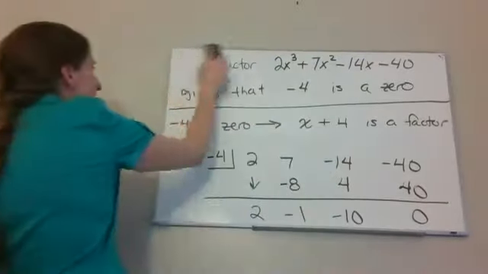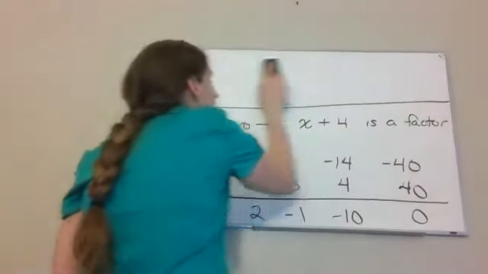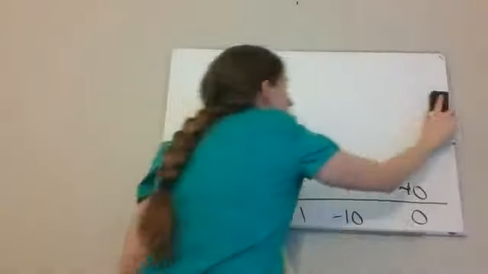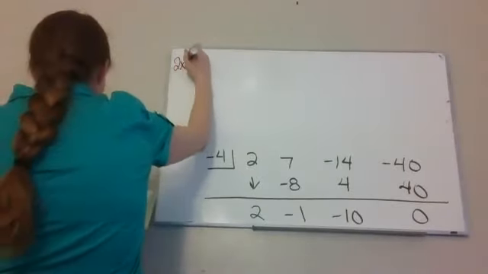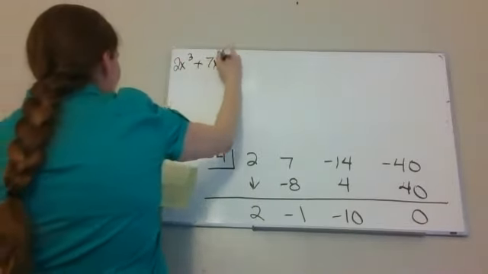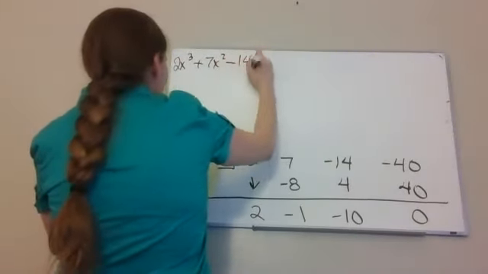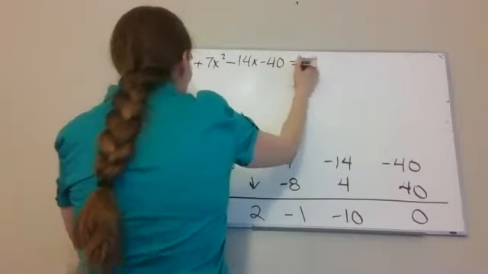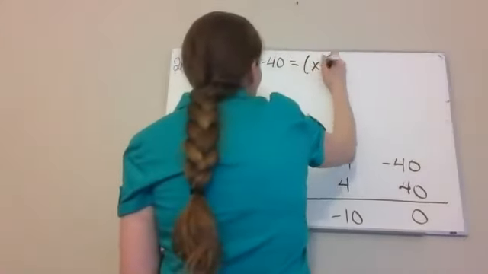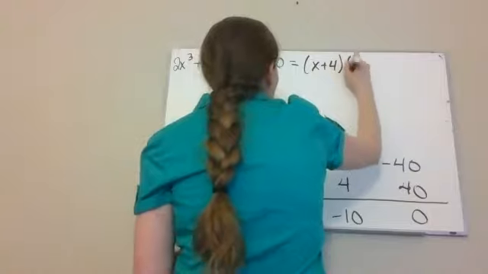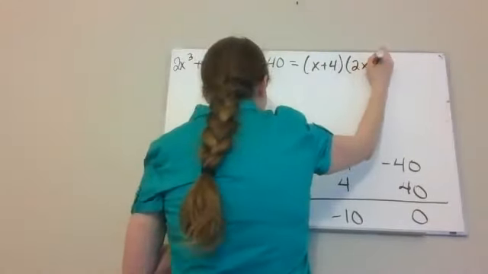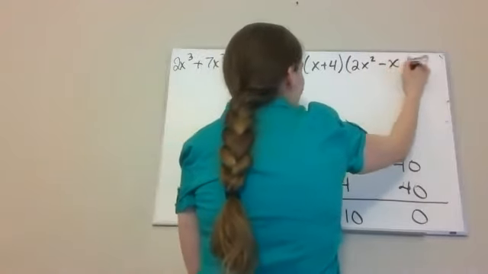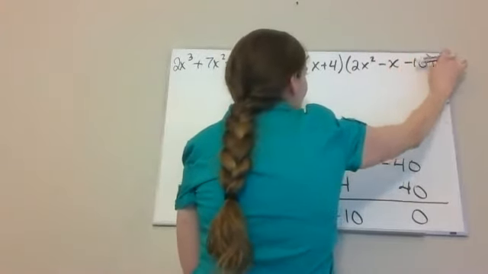So what this tells me so far, my original problem, which is 2x to the third plus 7x squared minus 14x minus 40, so far I know that x plus 4 is a factor, and I have a 2x squared minus 1x minus 10 multiplied onto it.